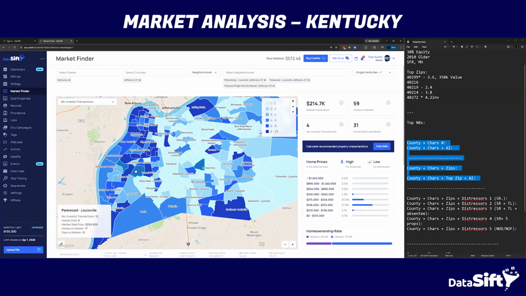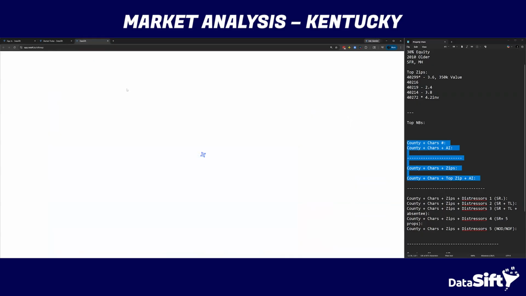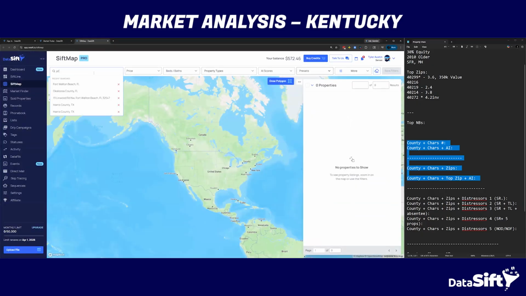Two of these are really pretty decent examples here. Let's do Parkwood in Louisville here. So let's grab Parkwood real quick. I'm going to open up SIFMAP, and I'm just going to search Jefferson County.